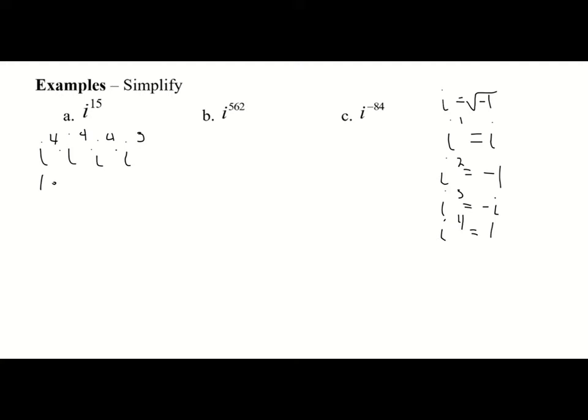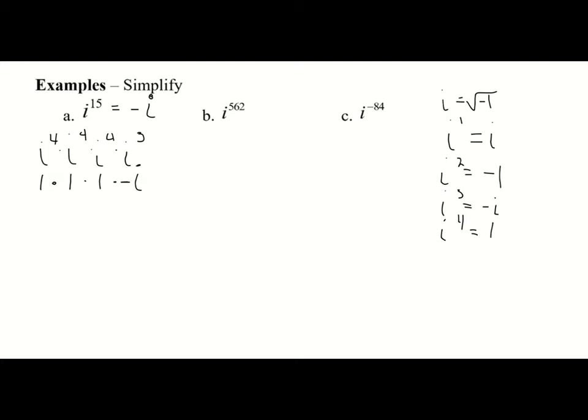So really, I'm doing 1 times 1 times 1 here, times now that i to the 3rd power, the leftovers that I can't turn into i to the 4th, is equal to -i. So if I have i to the 15th power, it will simplify to -i.